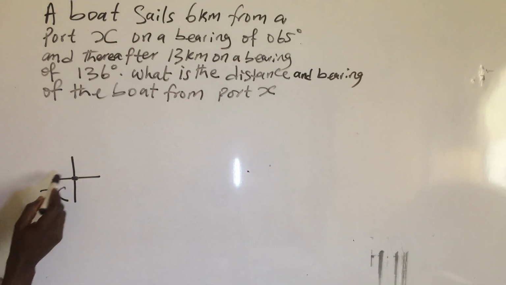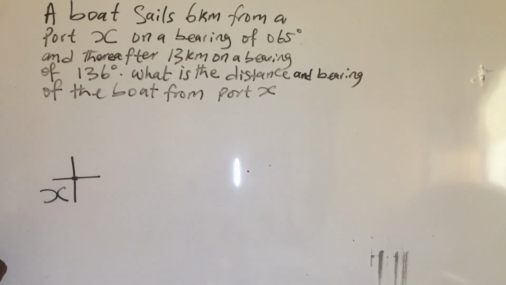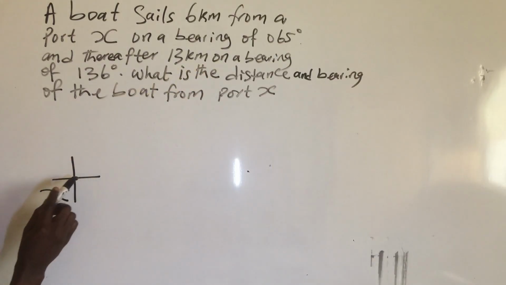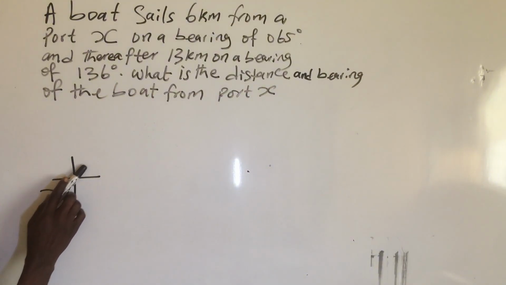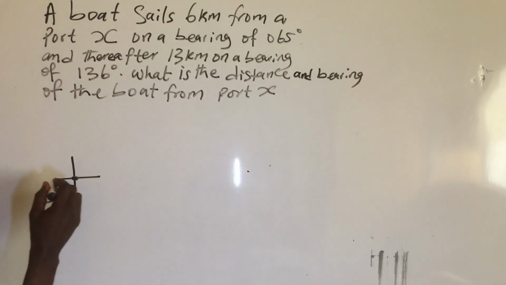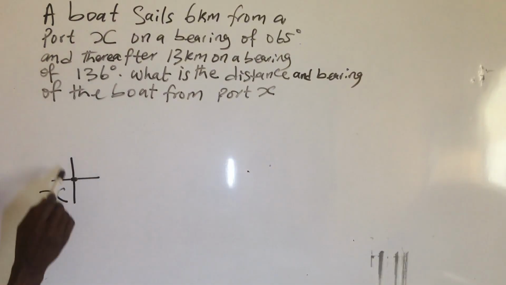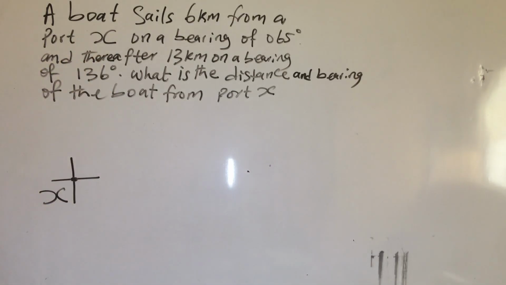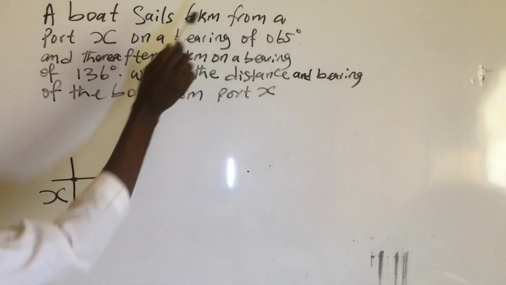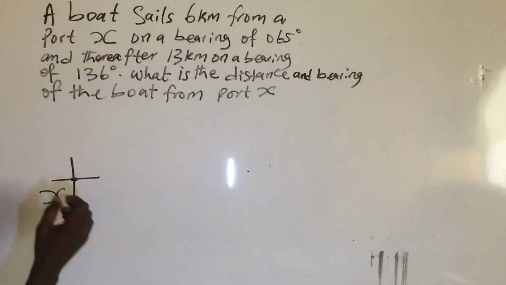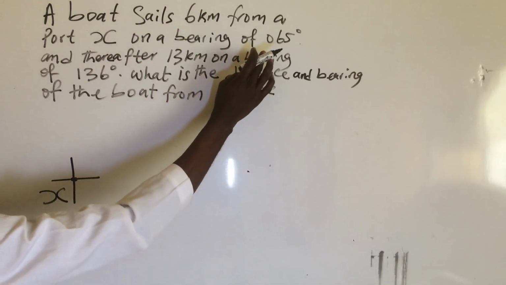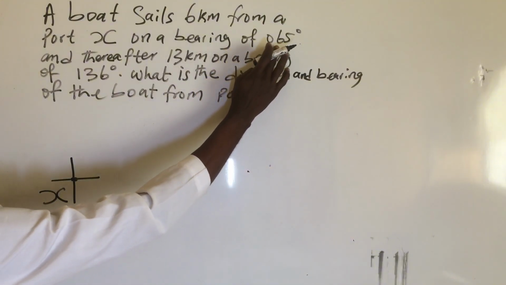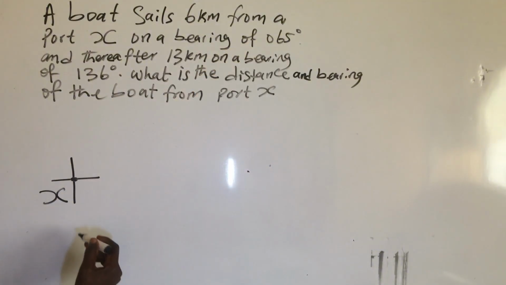Now, remember that from here to here is 90 degrees. Then 065 degrees will fall here immediately after the half of this, because half of it is 45. So after the half of it, this boat takes off from port X and sails 6 kilometers on a bearing of 065.